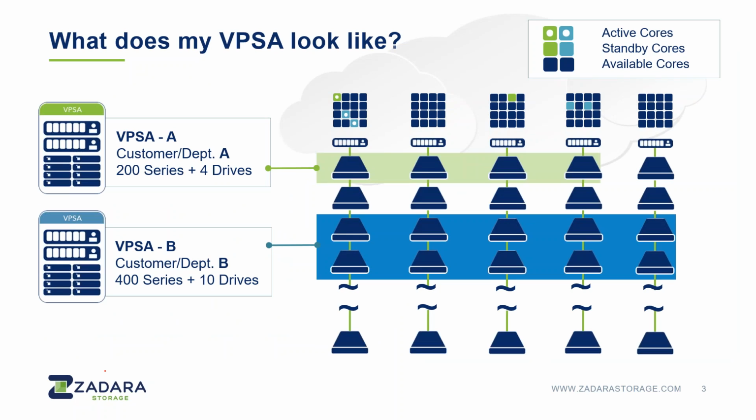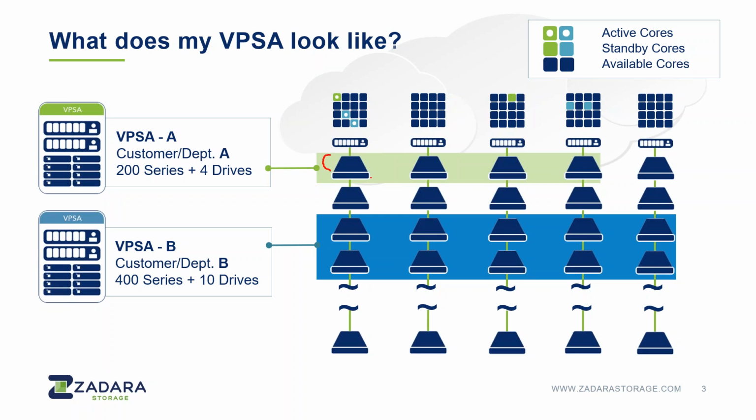So in AWS, for example, we provide public storage that allows you to allocate SATA and SSDs that are assigned to specific cores within an array. So when you spin up a VPSA, for example, let's say you spin up VPSA A over here, you're going to get your own dedicated physical resources.